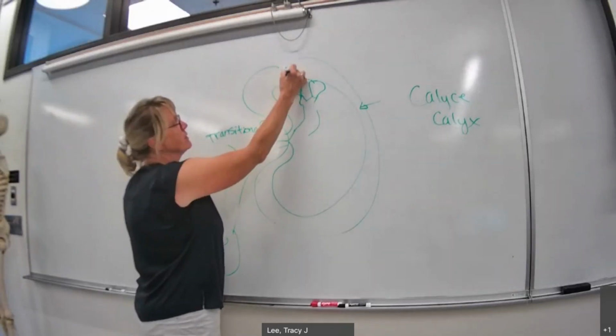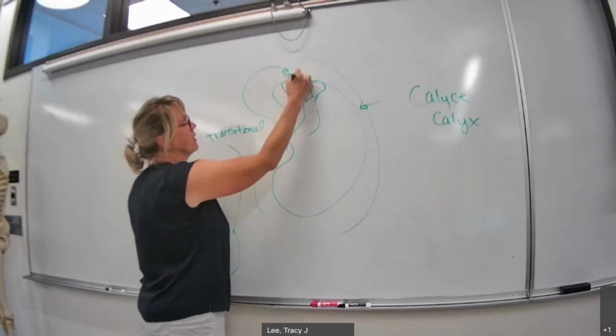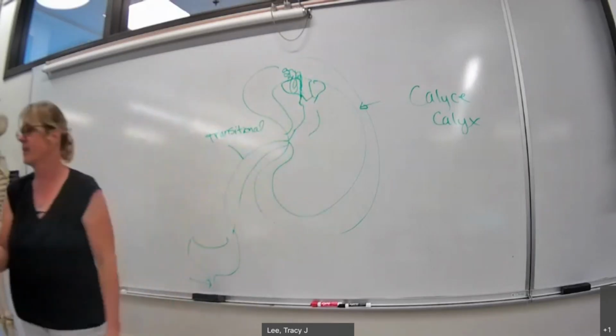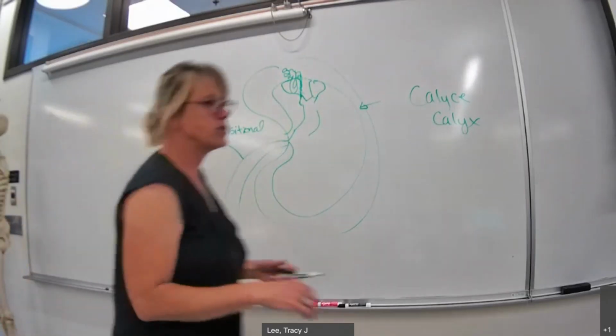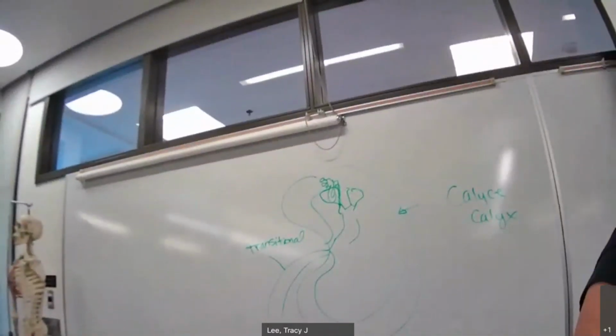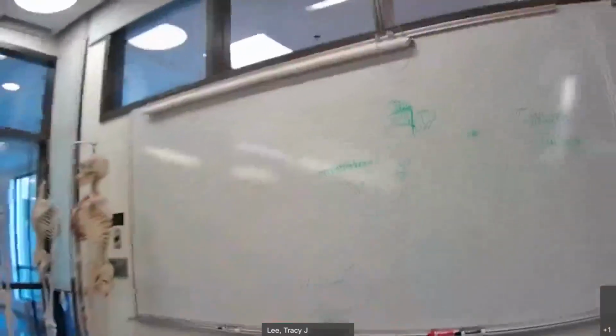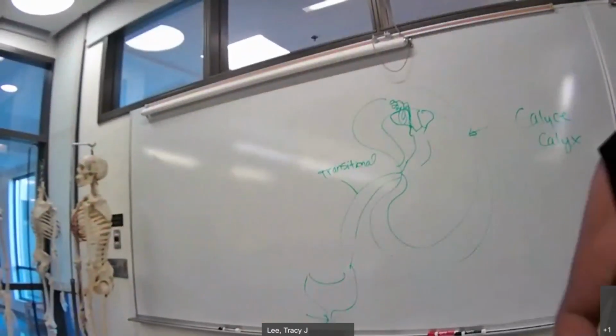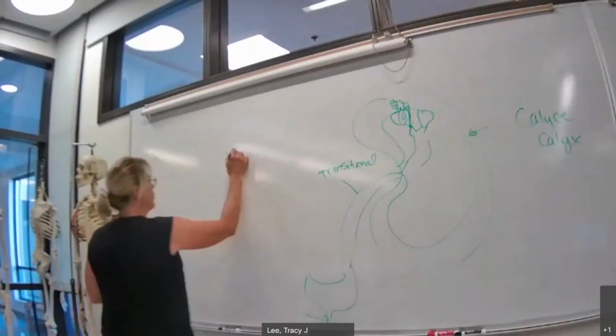Then we had our little snake mouth guys here. You guys remember the little snakes? Okay, so let's draw a snake over here. All right. On our snake mouth here.